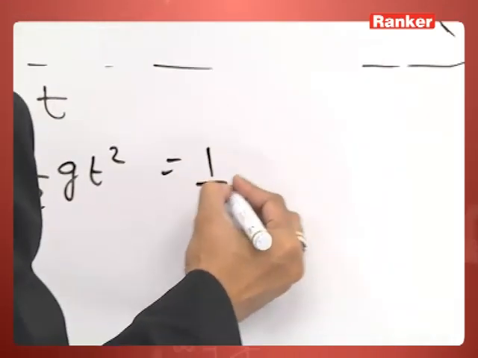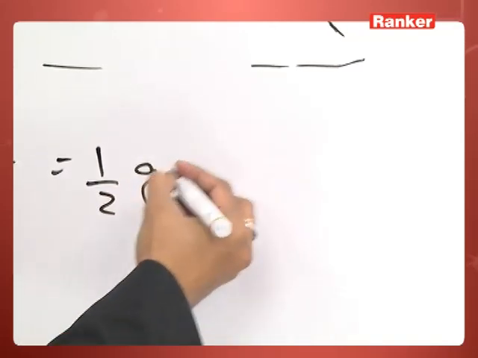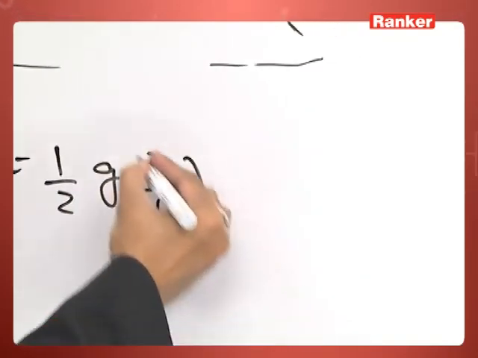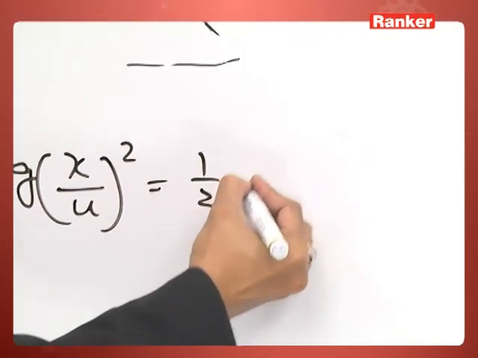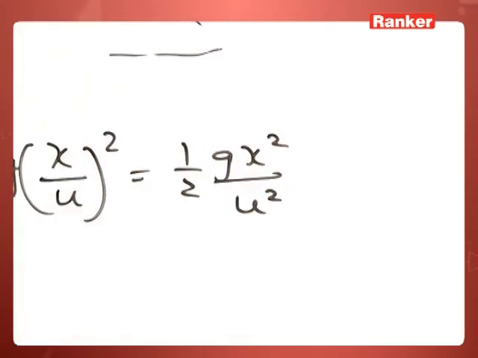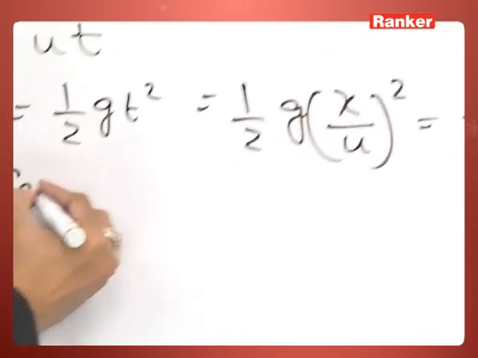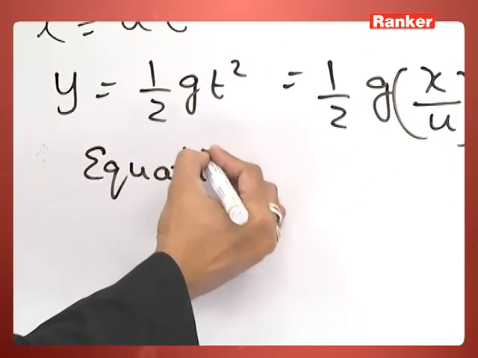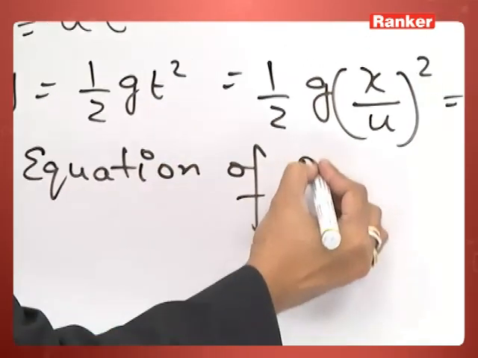So this is half into g into x by u whole square, which is half g x square by u square. If you look carefully, this is an equation of parabola.